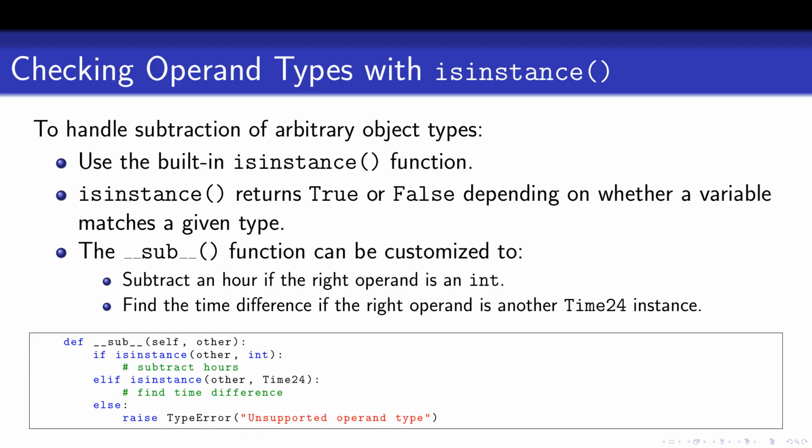Inside your method, use isinstance(other, int) or isinstance(other, time24) to decide how to handle each case. This lets you support multiple behaviors within the same method while still writing safe, type-aware code. If the input doesn't match any expected type, you can raise a TypeError to inform the user. This is a powerful way to make your classes more robust and user-friendly.